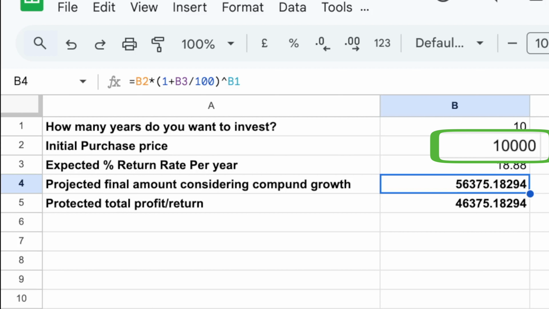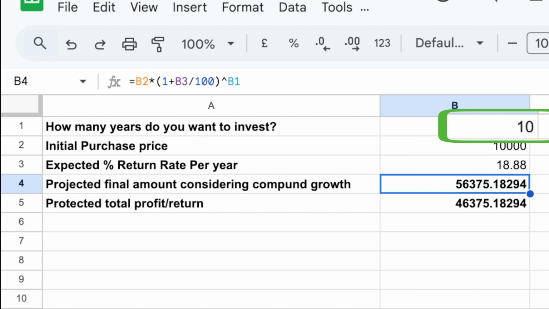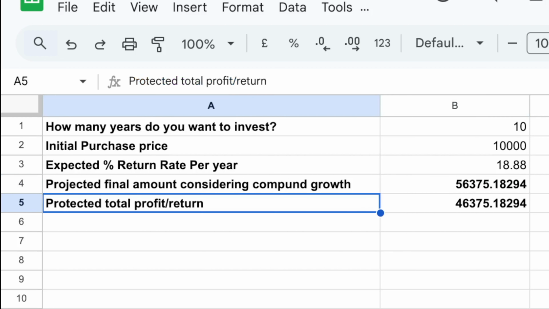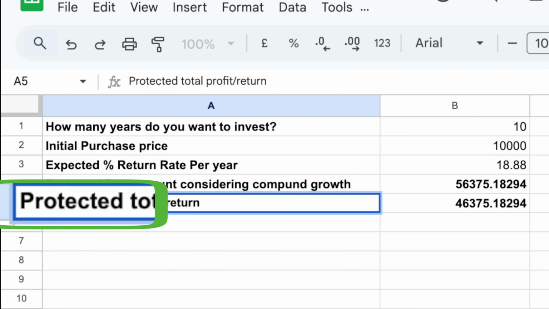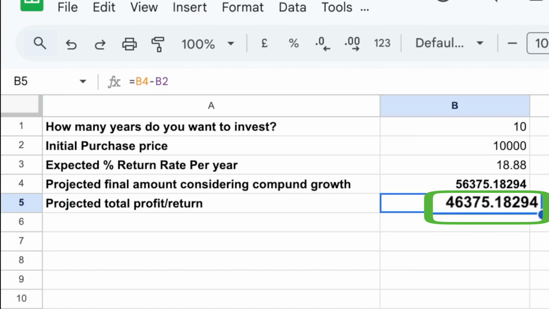So $10,000 will become $56,000 after 10 years if our return rate is 18.88%. And that gives us a projected total profit of around $46,000.